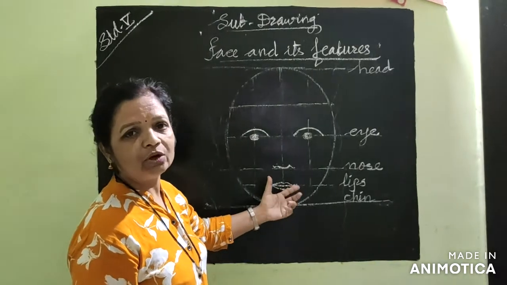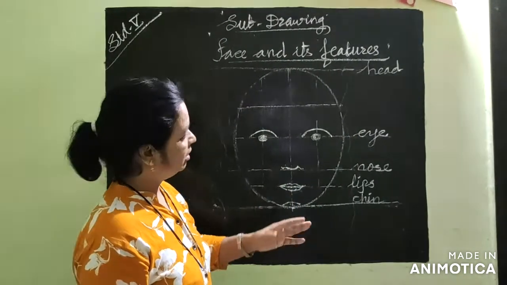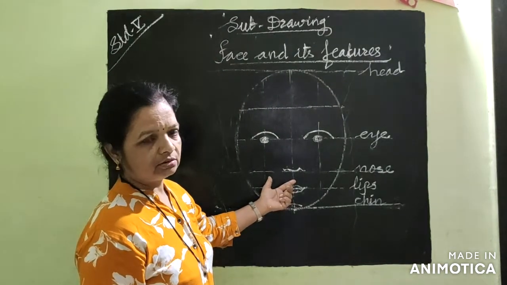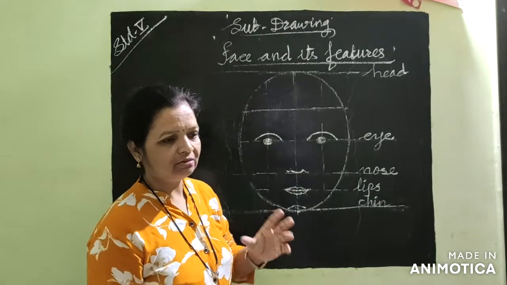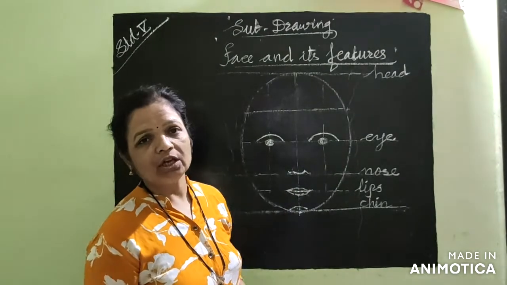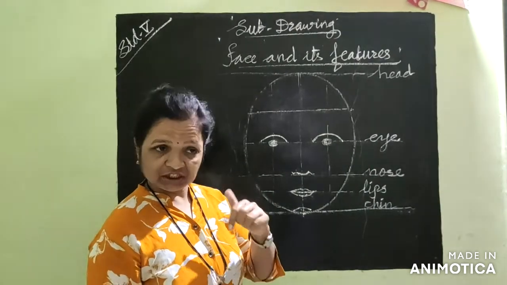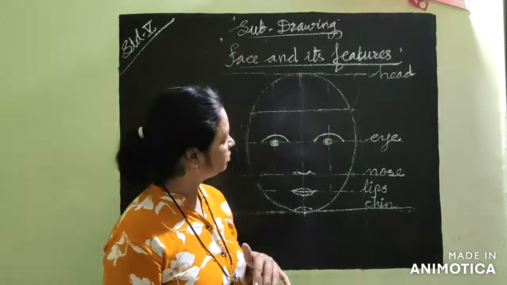When we learn about the side view and the back, then we have to draw the proper proportions and find out the outlines by watching that particular person or by imagination.